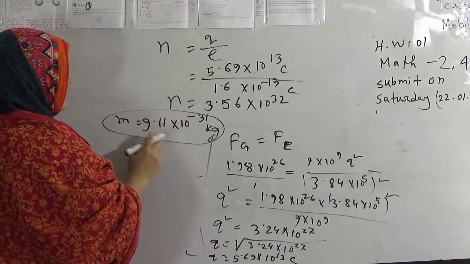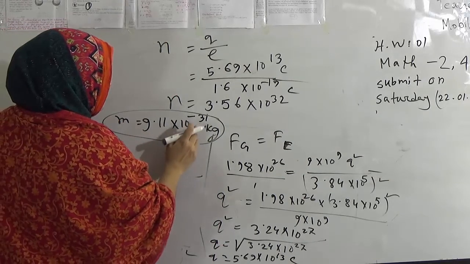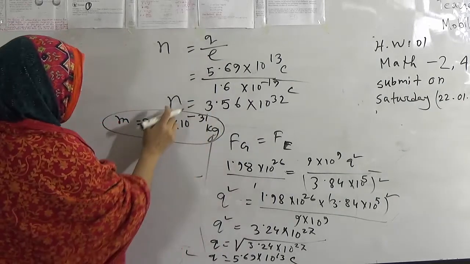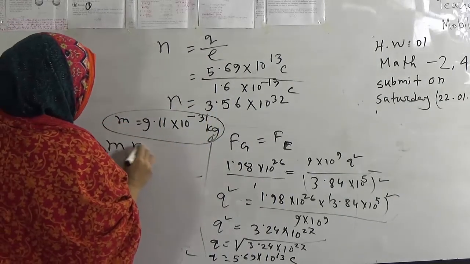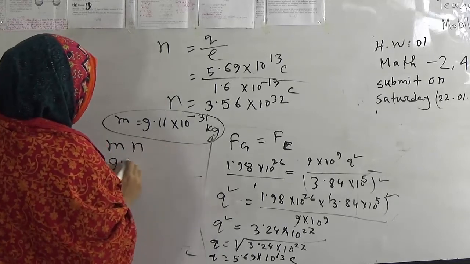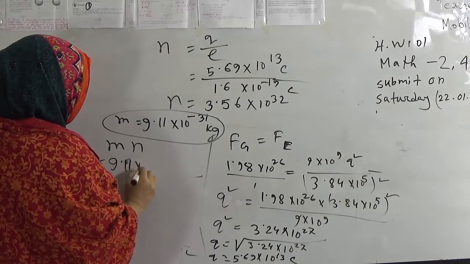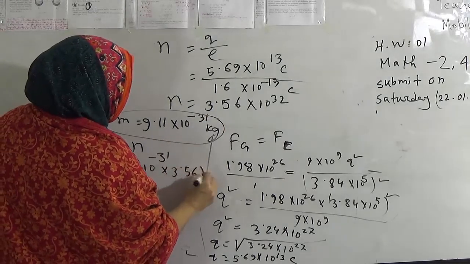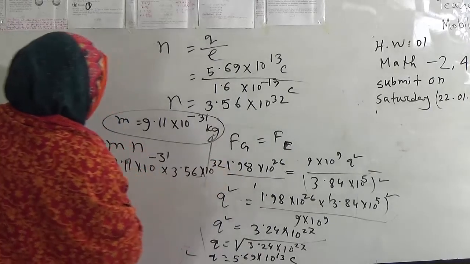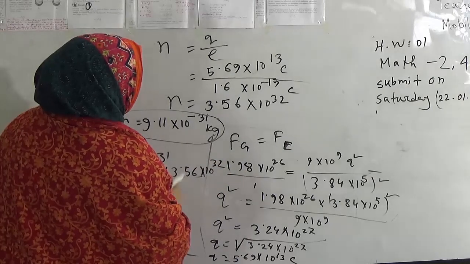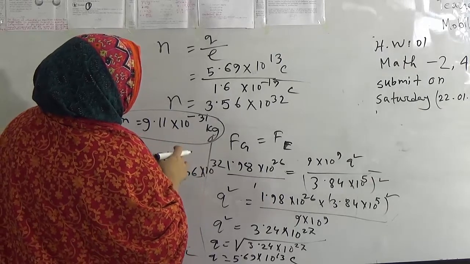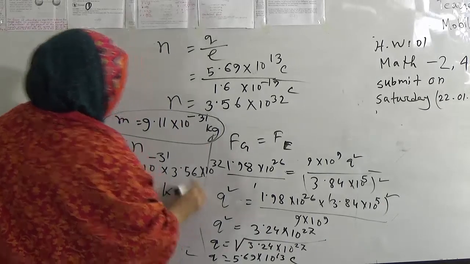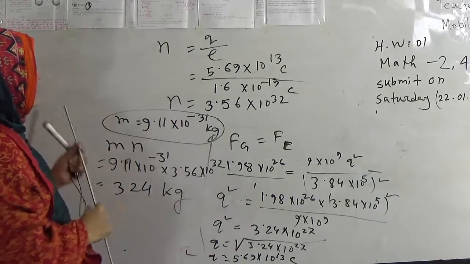So the total mass of the electrons will be Mn, that means 9.11 into 10 to the power minus 31 into 3.56 into 10 to the power 32. So it will be the total mass of all the electrons, which will be 324 kg.